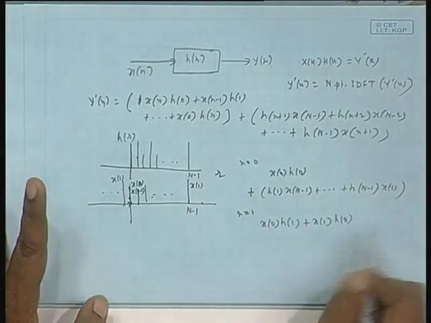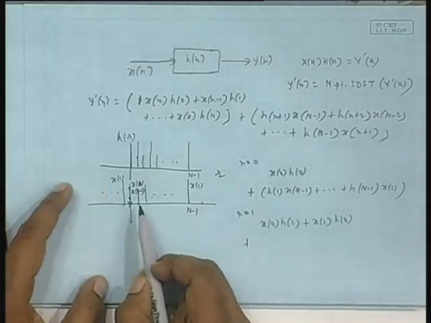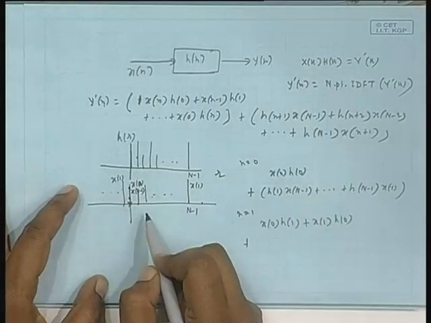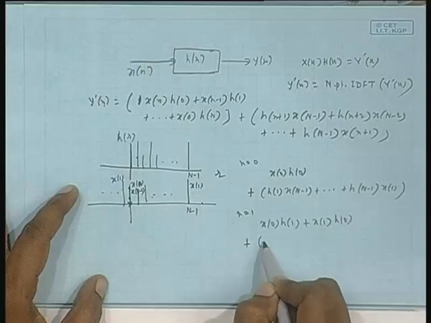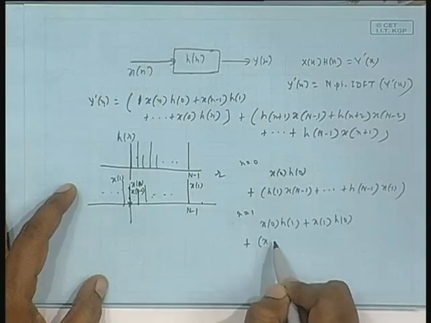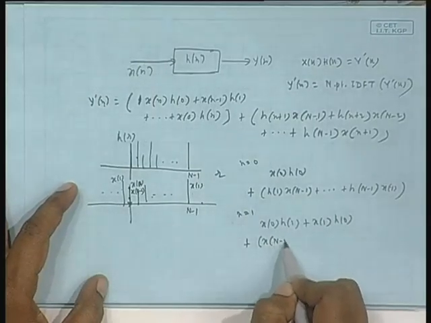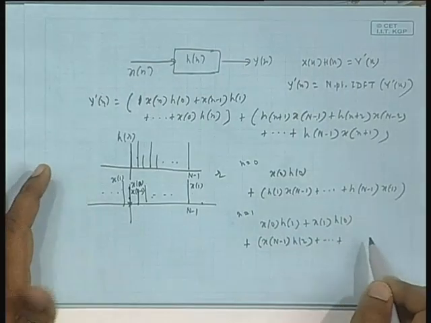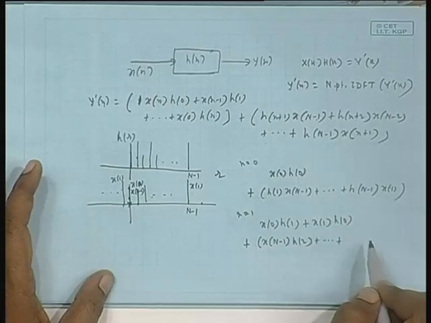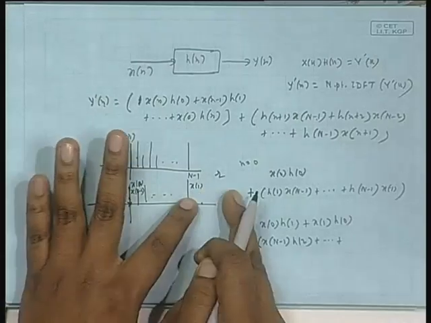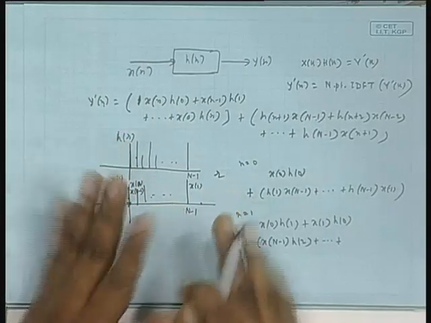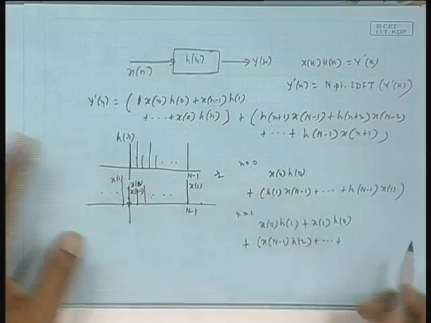So far so good, this is okay. And then n minus 1, x n minus 1 will go below h 2, and this x 1 will move out. Are you following me? x 1 will move out.